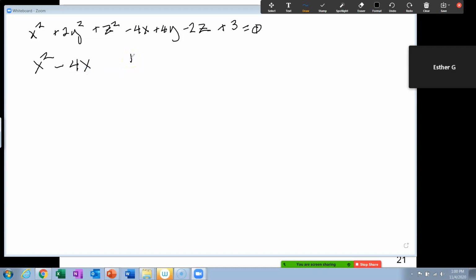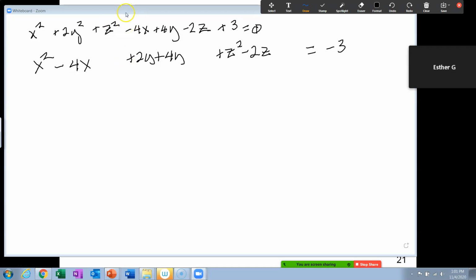Then plus 2y squared plus 4y, and leave a blank. Then plus z squared minus 2z, and leave a blank, and then move the plus 3 over and make it a minus 3. That doesn't look particularly good, but you see everything is accounted for.